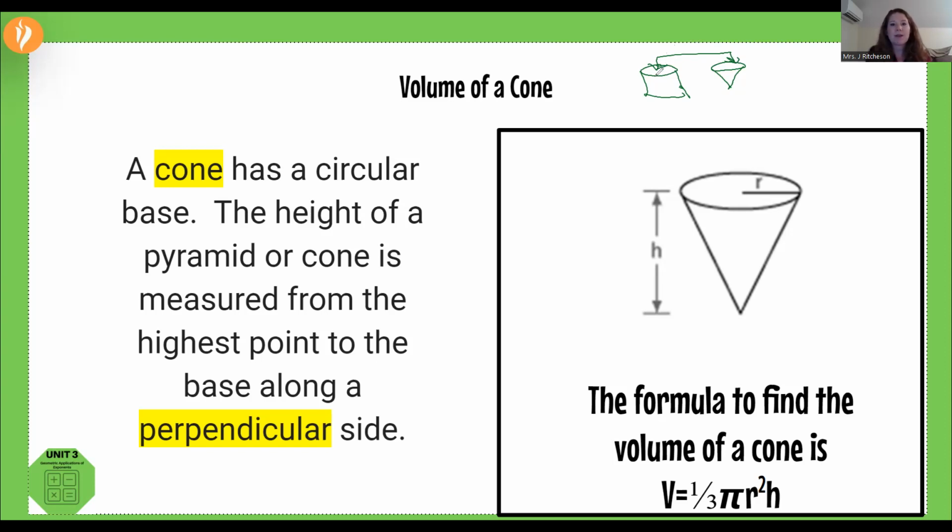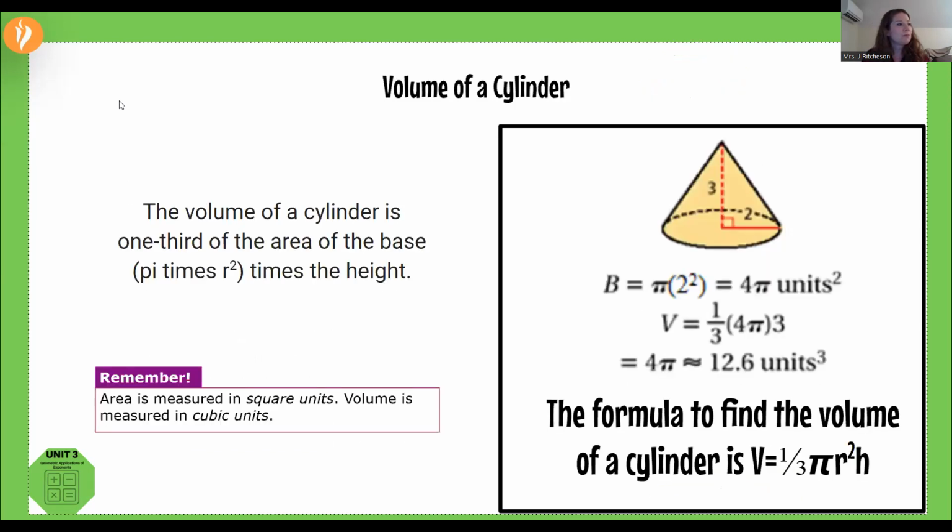It would take up the same amount of water. So as you notice, hopefully the formula is very similar to a cylinder. The only difference is we're going to use the fraction 1/3. So 1/3 times pi times radius squared times height. That is the formula for a cone.